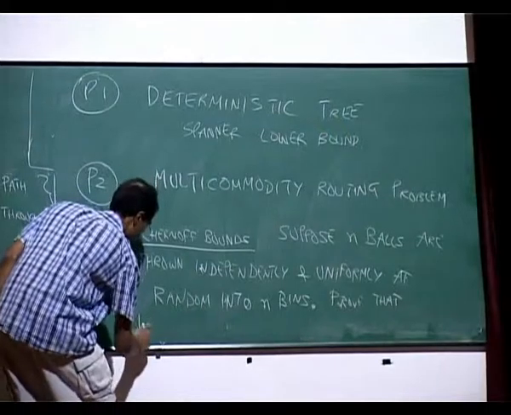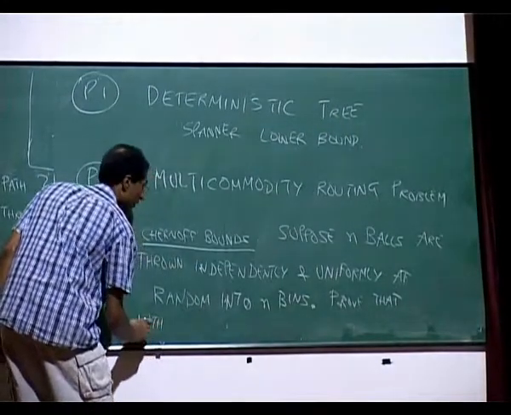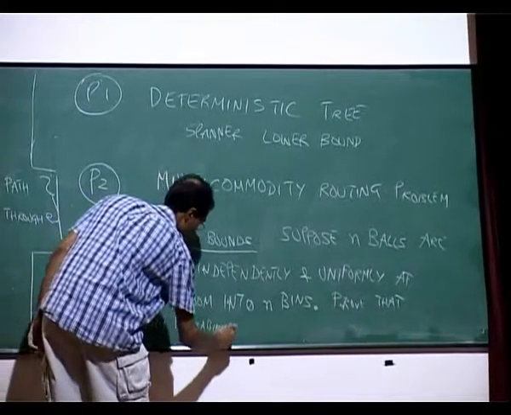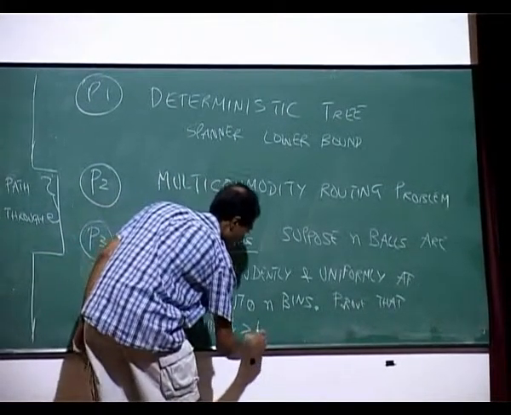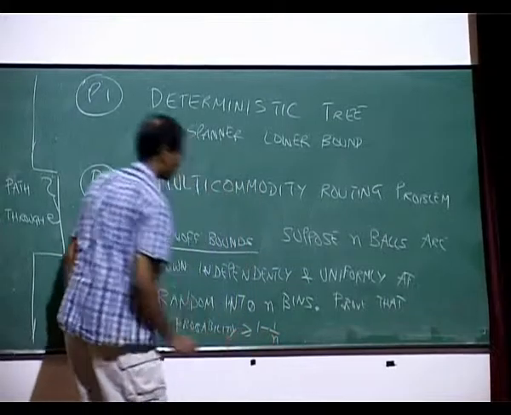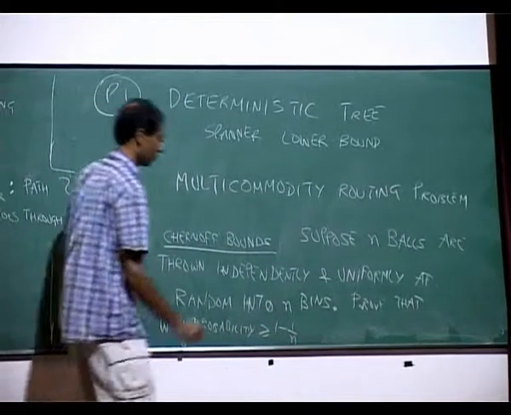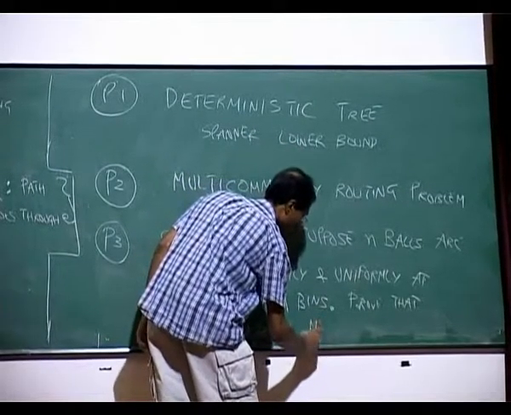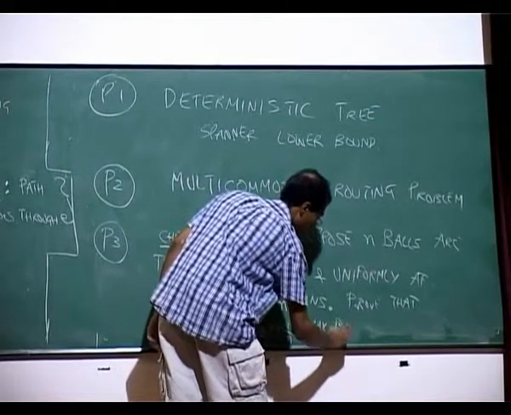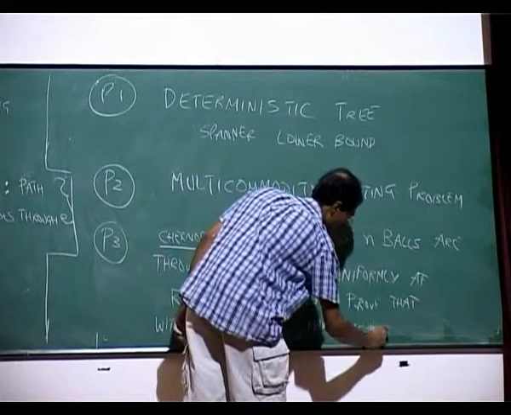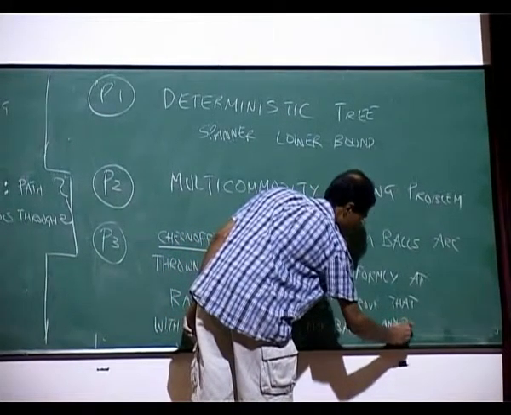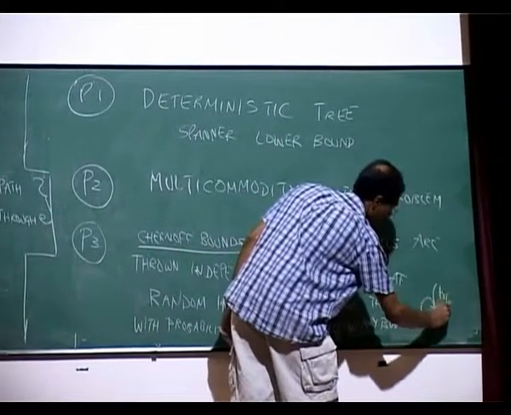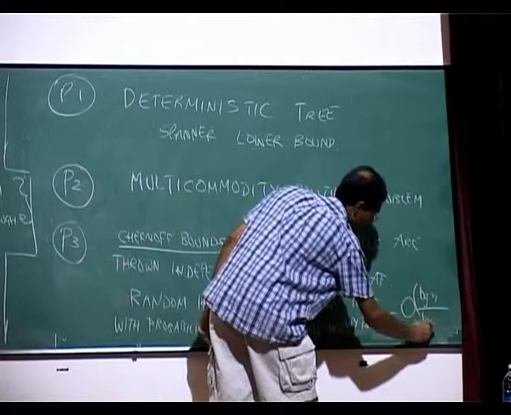with probability at least 1 minus 1 over n, the maximum number of balls in any bin is order log n over log n.